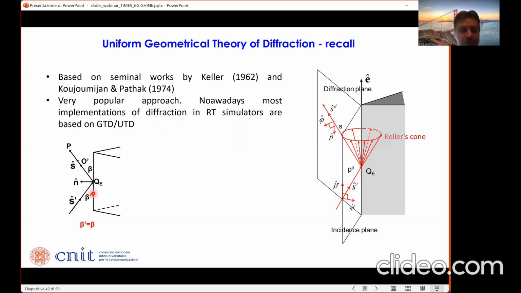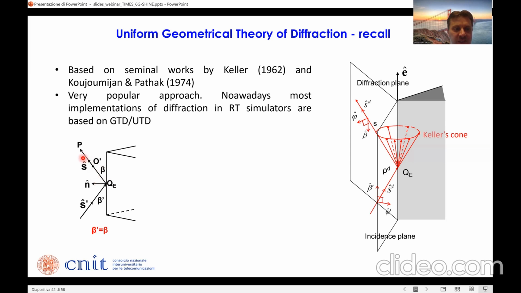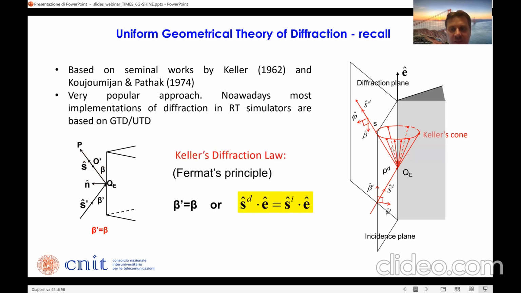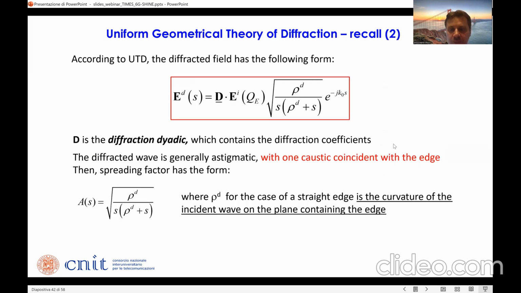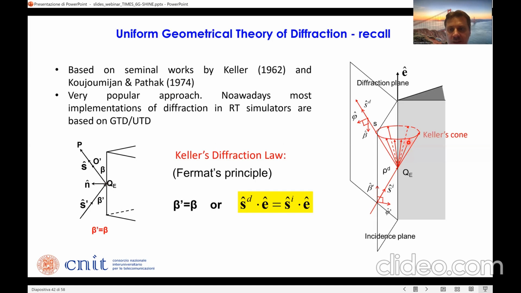ray-based approach. According to UTD, the diffracted field can be expressed as a set of diffracted rays, and those rays lay on the lateral surface of a cone, also called the Keller's cone.